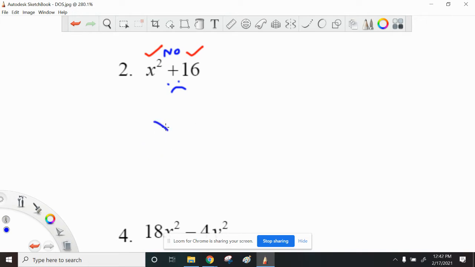Now, follow with me for a second, right? We would imagine that it would look something like this, right? It would look something like this. We know it cannot be minus plus, because if it was minus plus, that would make a minus.